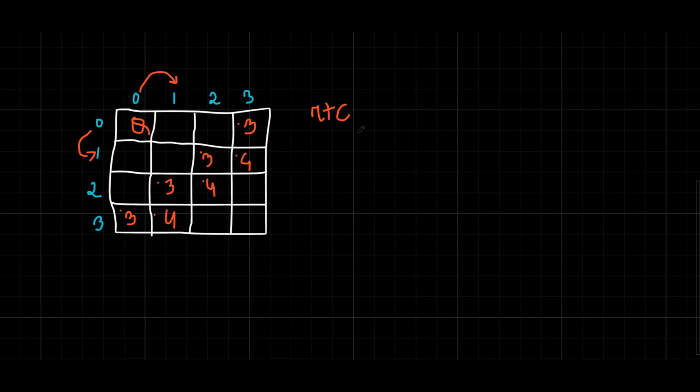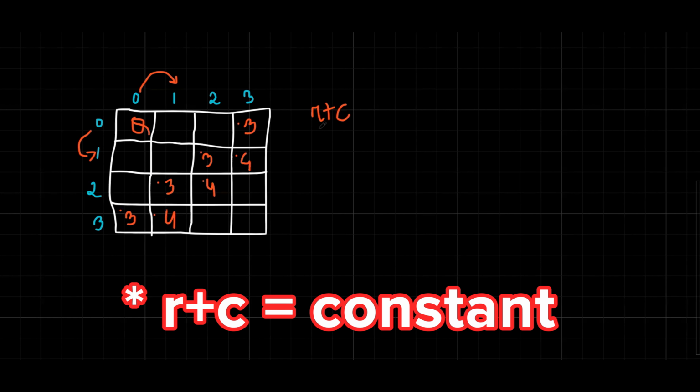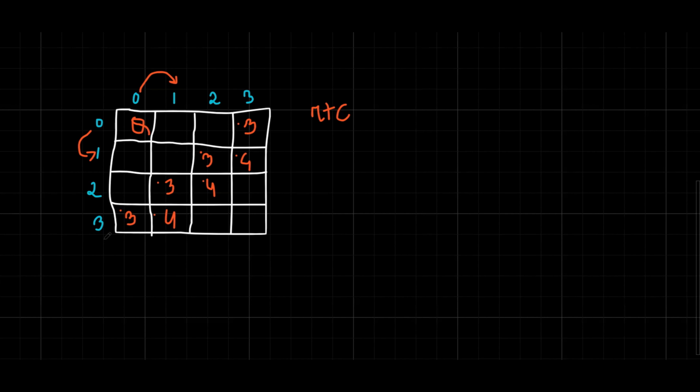So we can say that the value of row plus column is the same for each positive diagonal. So for a queen, we should not place any other queen in a cell for which r plus c is equal to 3 or 4. So by using the value r plus c, we can find all of the positive diagonals.